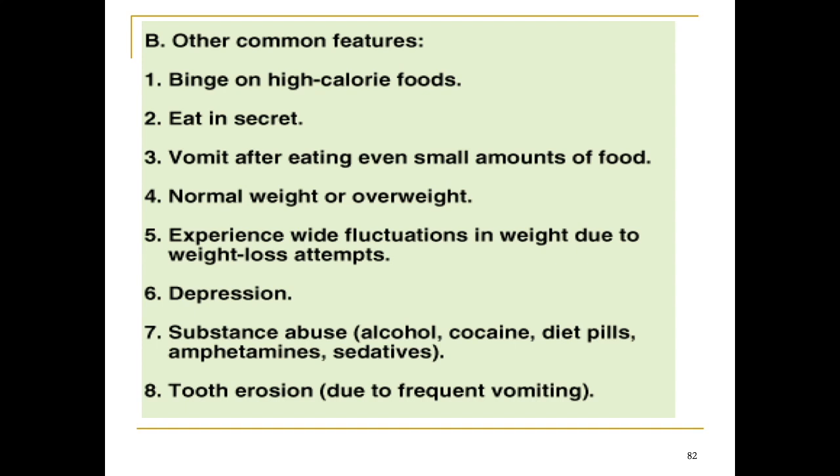And they might also experience wide fluctuations in weight because they're constantly binging and then purging. Dieting almost always leads to depression. It can be the result of or lead to substance abuse, specifically alcohol, cocaine, diet pills, amphetamines, and sedatives. These are all substances that affect your metabolism in a big way.